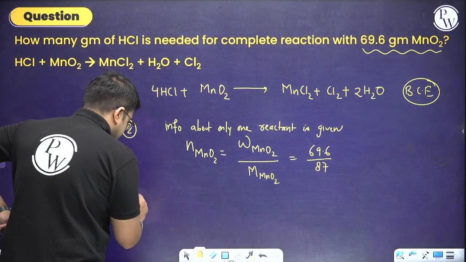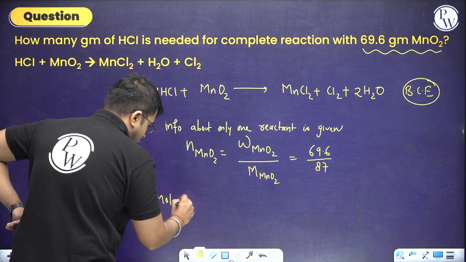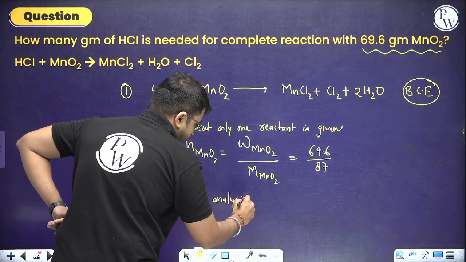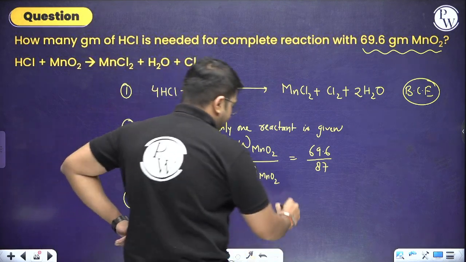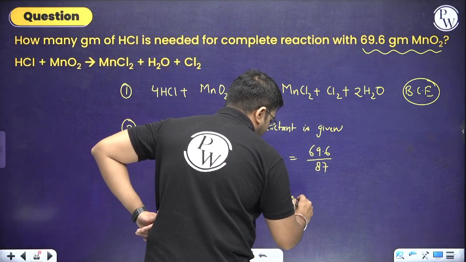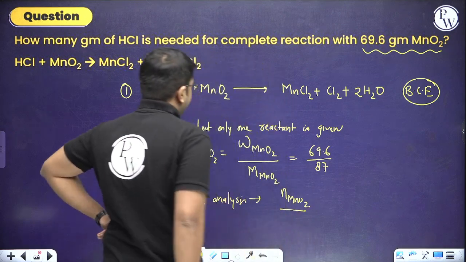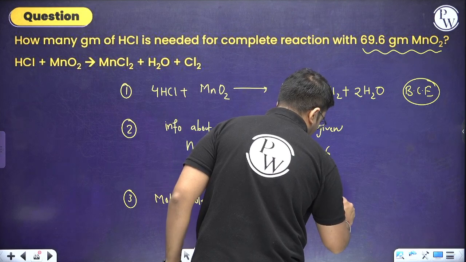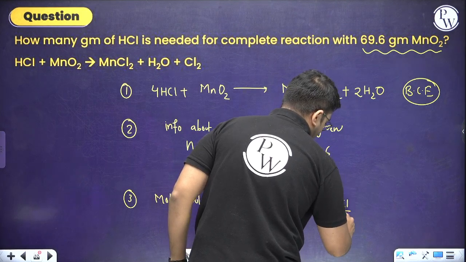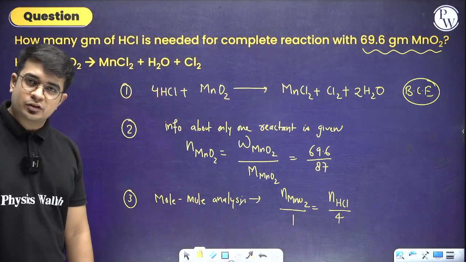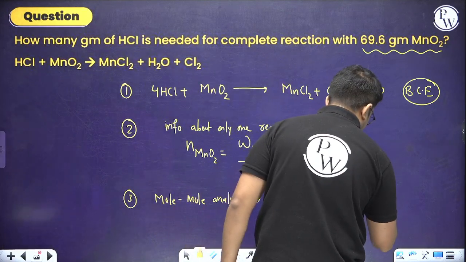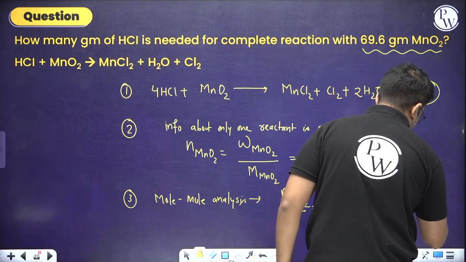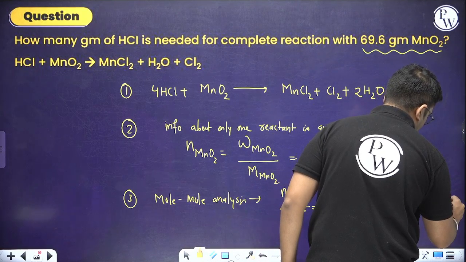Now third part is mole analysis. So I can say that number of moles of MnO2 reacted divided by its stoichiometric coefficient, which is 1, will be equal to number of moles of HCl divided by its stoichiometric coefficient, which is 4. So number of moles of HCl is 4 multiplied by number of moles of MnO2.